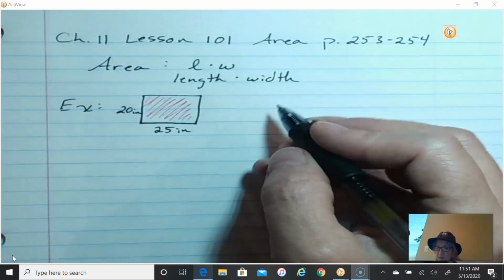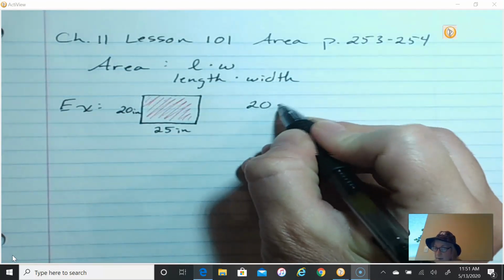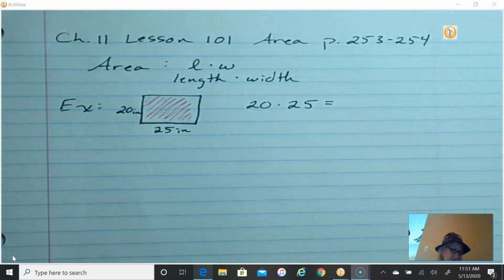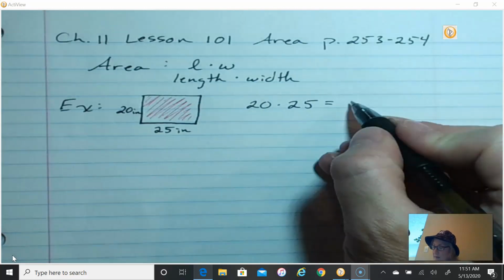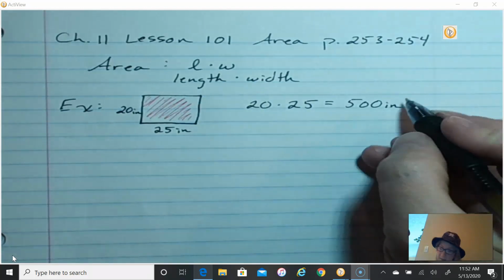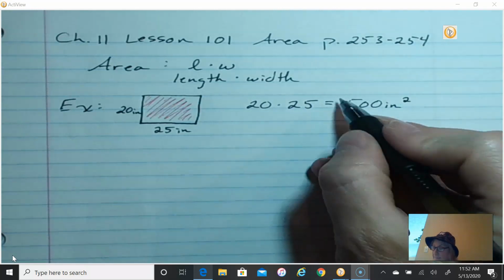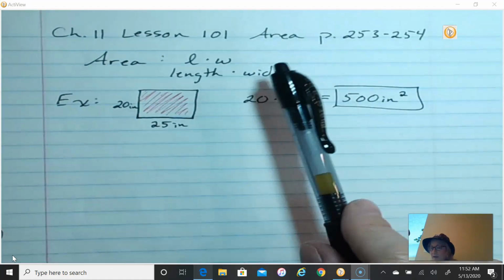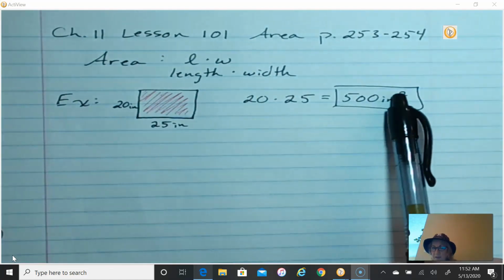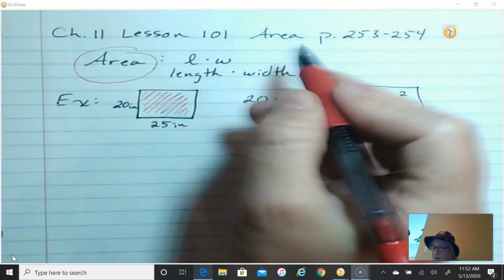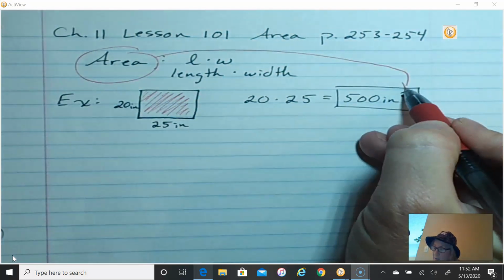That's it. So 20 times 25. And what do you get? You get 500 inches, and it's squared. So you have to have that 2 there because that has to do with area. Area, on the label, you need the 2.